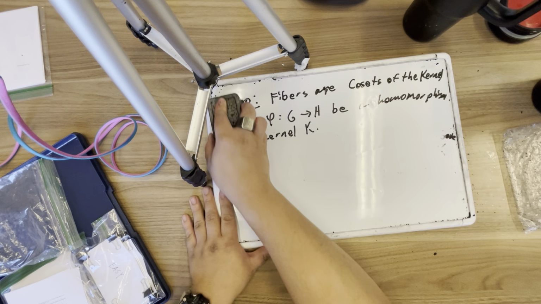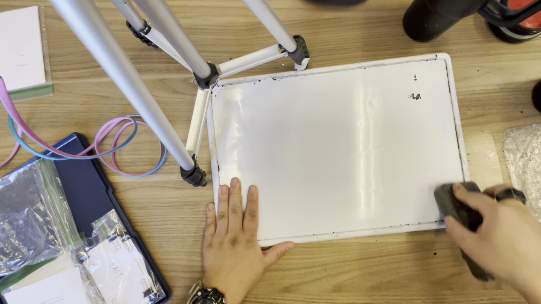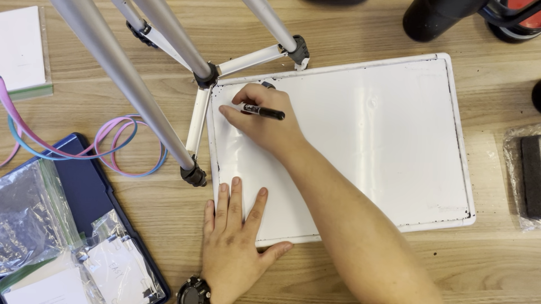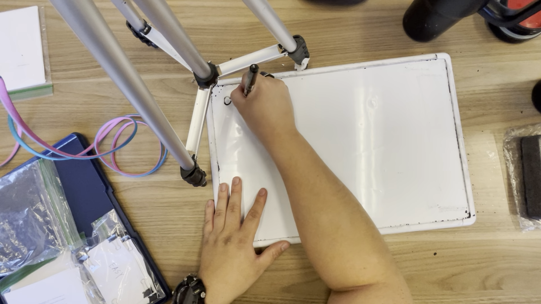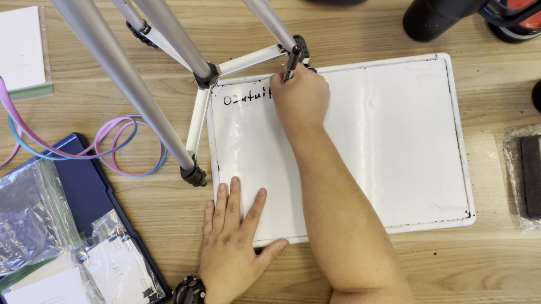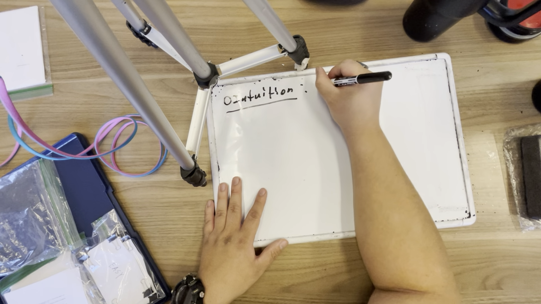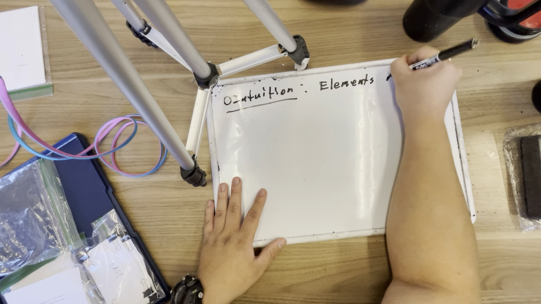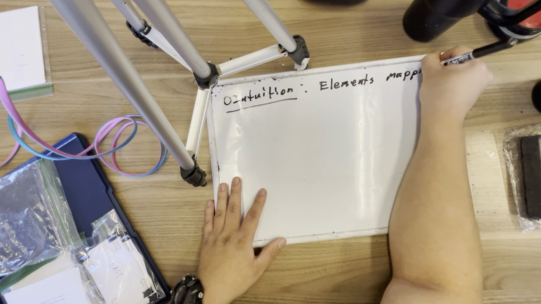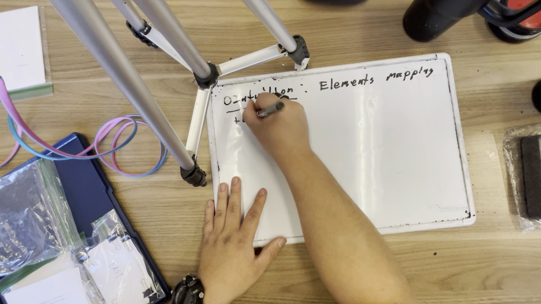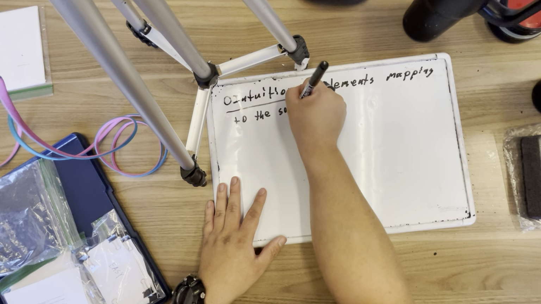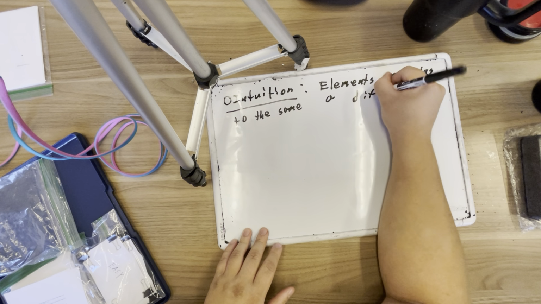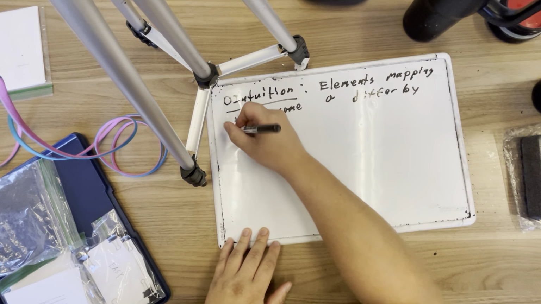Okay, now let's look at a proof of that. Well, let's start with the intuition first. For the intuition, elements mapping to the same A differ by kernel elements.